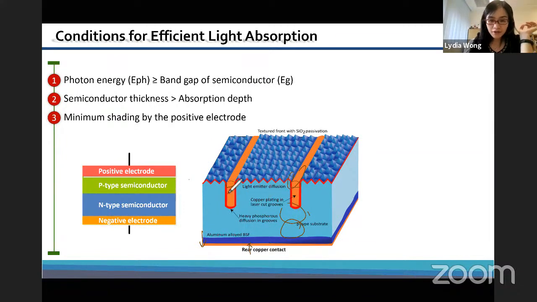But now what you can do is dig deeper into the silicon and collect more charges from the walls of this buried electrode. So in this case, you still have the same amount of shading, but you also collect more electrons. Okay, actually there's a lot of discussion on this, but that's my short answer.